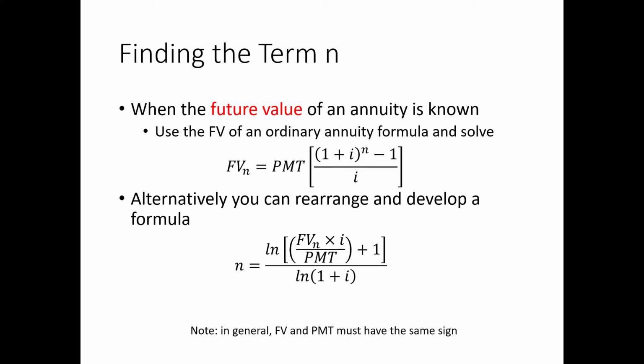Also, what throws this into a loop is that the current age of interest rates is somewhat unique in that you have some European bonds, some Japanese bonds trading at negative interest rates, and that really throws this formula for a loop as well, because it introduces a negative number in there, and if future value and payment have the same sign and you have a negative interest rate, it complicates things. So this wouldn't necessarily be the best tool in that regard. Luckily, for a first-year class, we don't have to worry about those more complicated issues, but something neat to think about nevertheless.